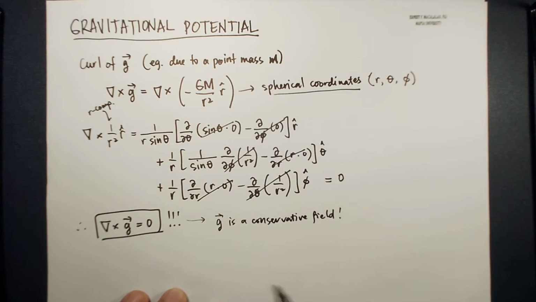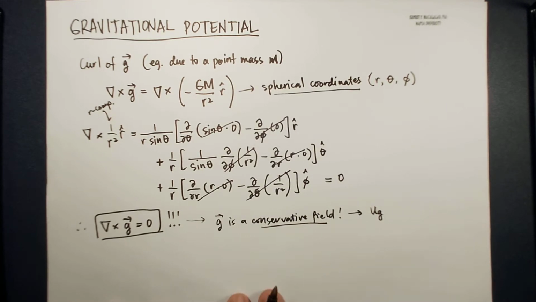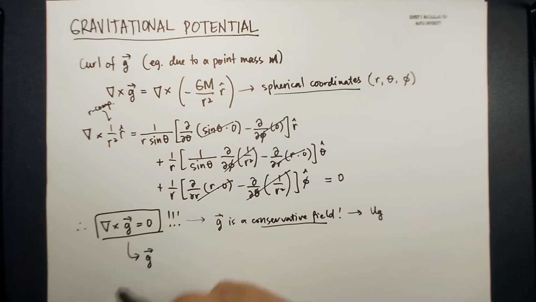Now that we know that g is a conservative field, later we are going to associate this with a gravitational potential energy, U_G. But in the meantime, from the fundamental theorem of gradients, as well as by virtue of Stokes' theorem, we can now represent g as the gradient of some scalar function.